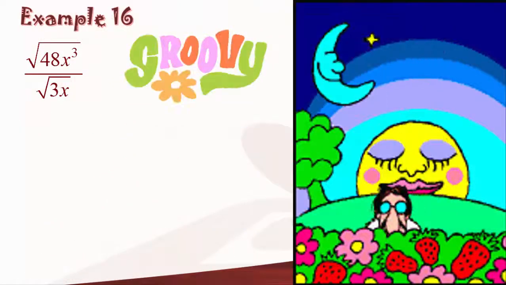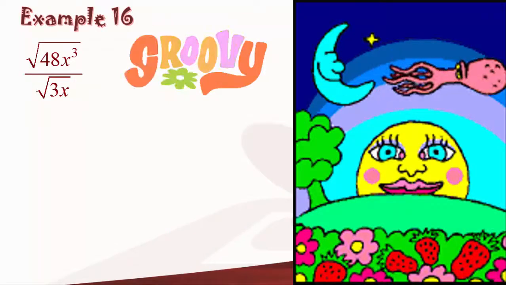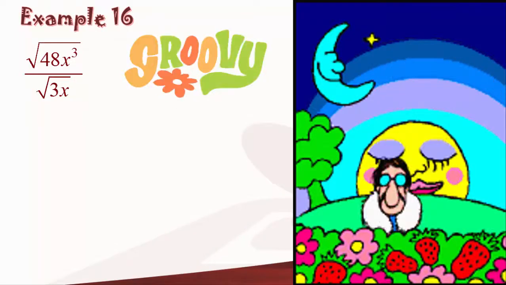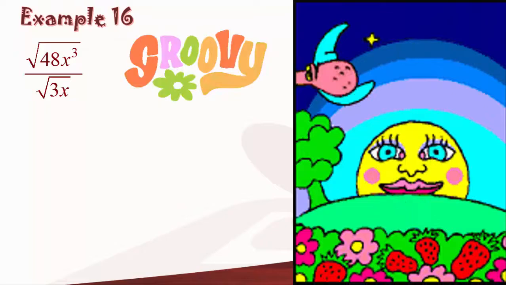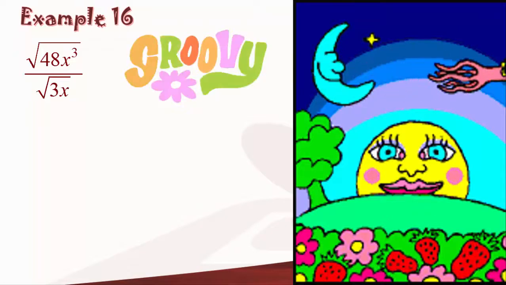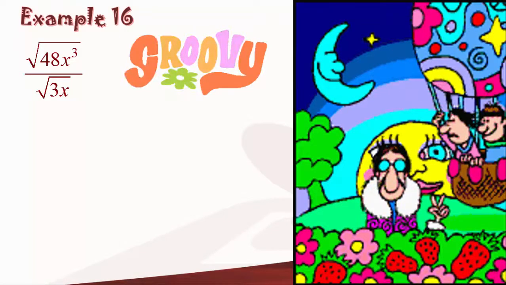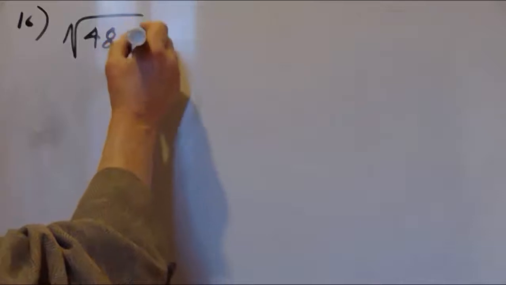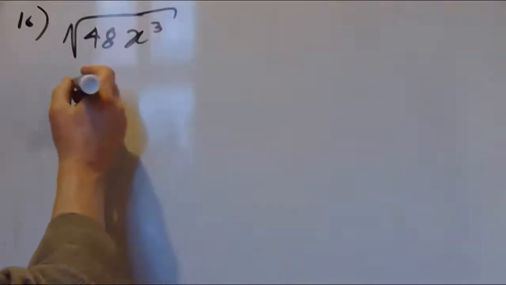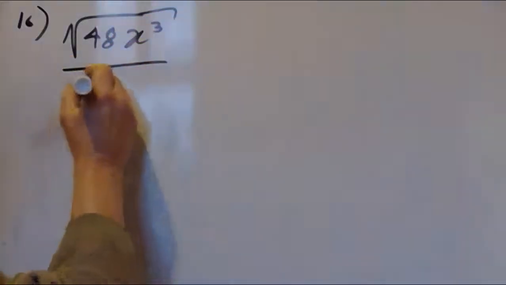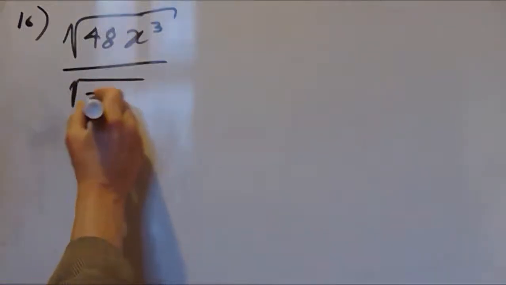In example number 16, we're asked to simplify the square root of 48x cubed divided by the square root of 3x. So let us go over to the whiteboard and work this one out. So we have square root of 48x cubed divided by square root of 3x.